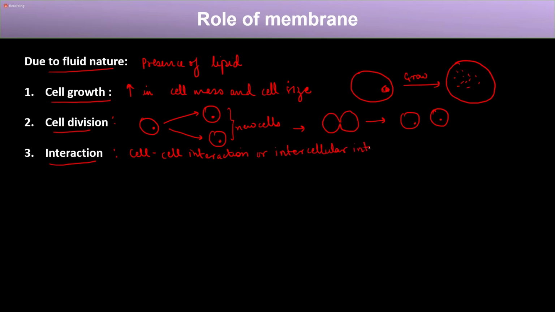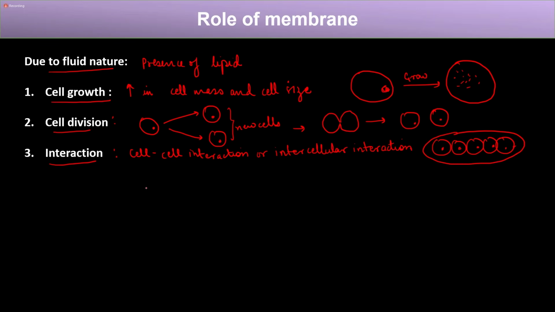In our body or in any eukaryotic cell, such as in plants and animals, the cells do not remain in isolation. They remain in contact with each other, and these cells continuously talk to each other and then perform a function as a whole.